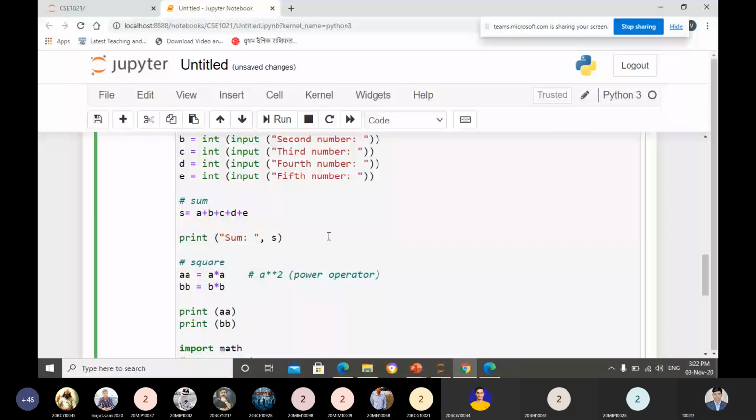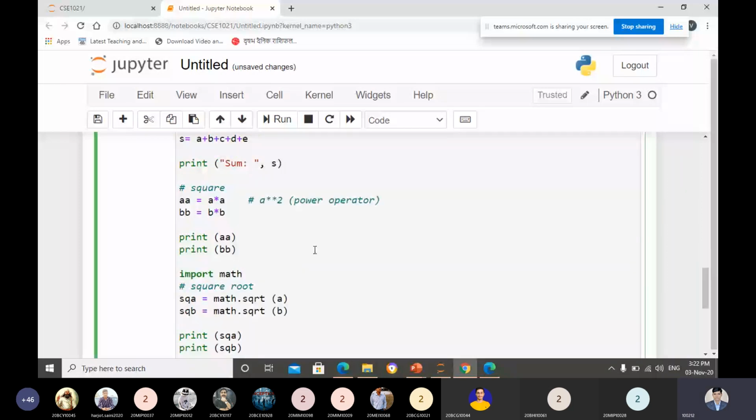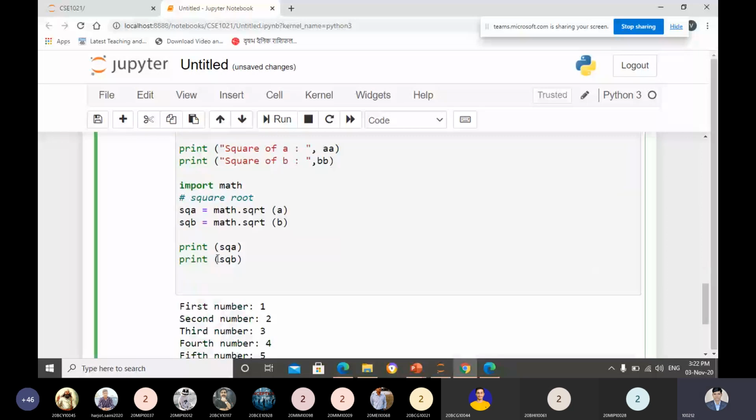Now this is a sum. This is a square of A. I can write the square root over here, and now I'm running. Now tell me the first number.